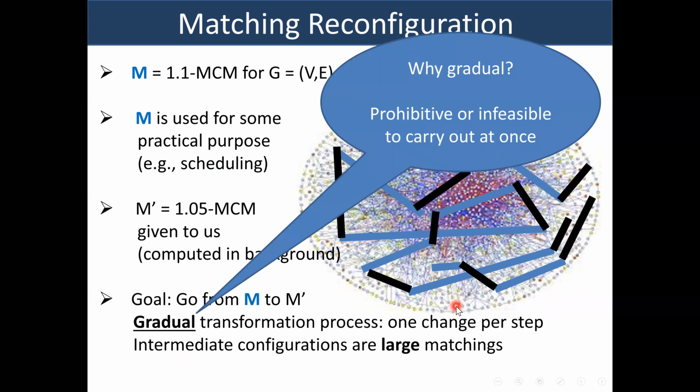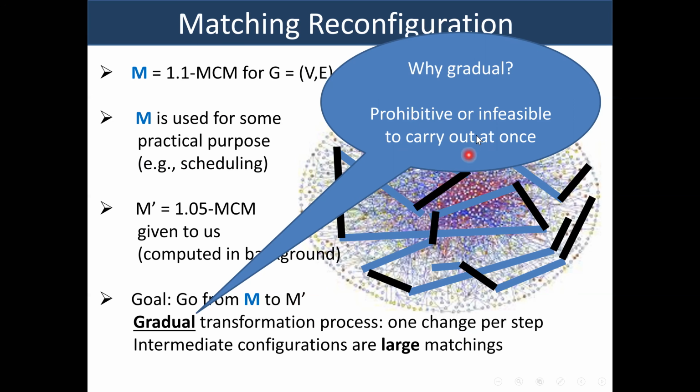Okay, so why should we employ a gradual transformation process? Why can't we transform from M to M prime instantaneously? So here, first of all, this network could be very big, and it might be prohibitively expensive to carry out such a transformation instantaneously.